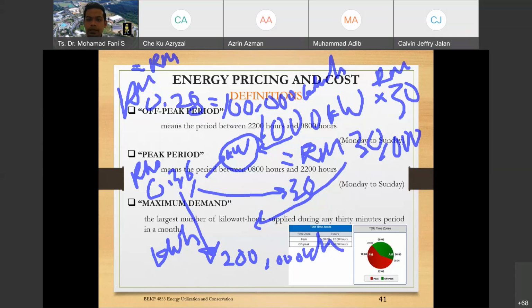Berapa kat sini? Siapa boleh kira? Please come up with the last electricity bill for this one. And the maximum demand charge has been given for about 30K, RM 30K.